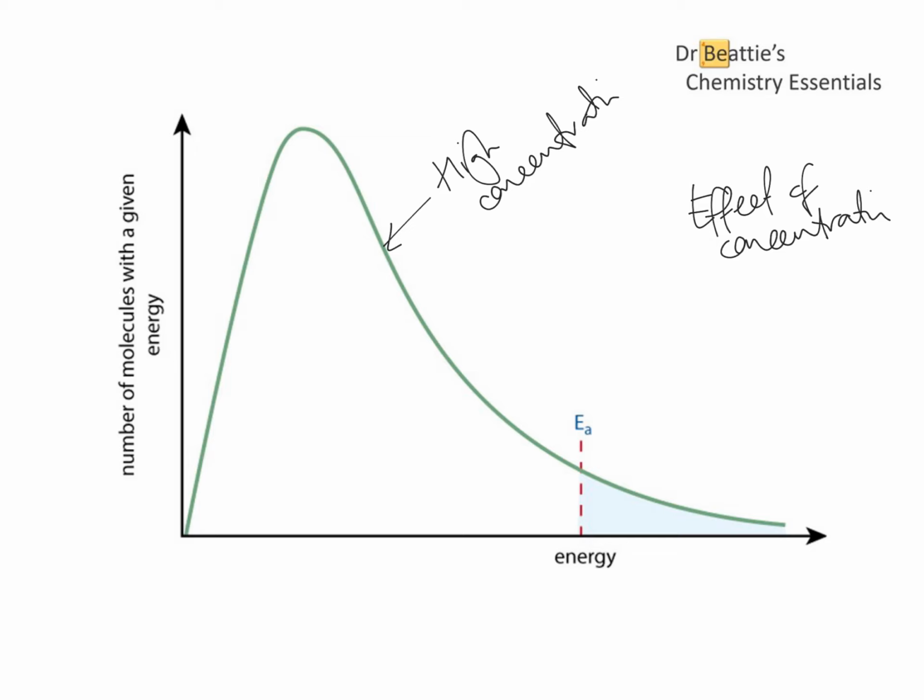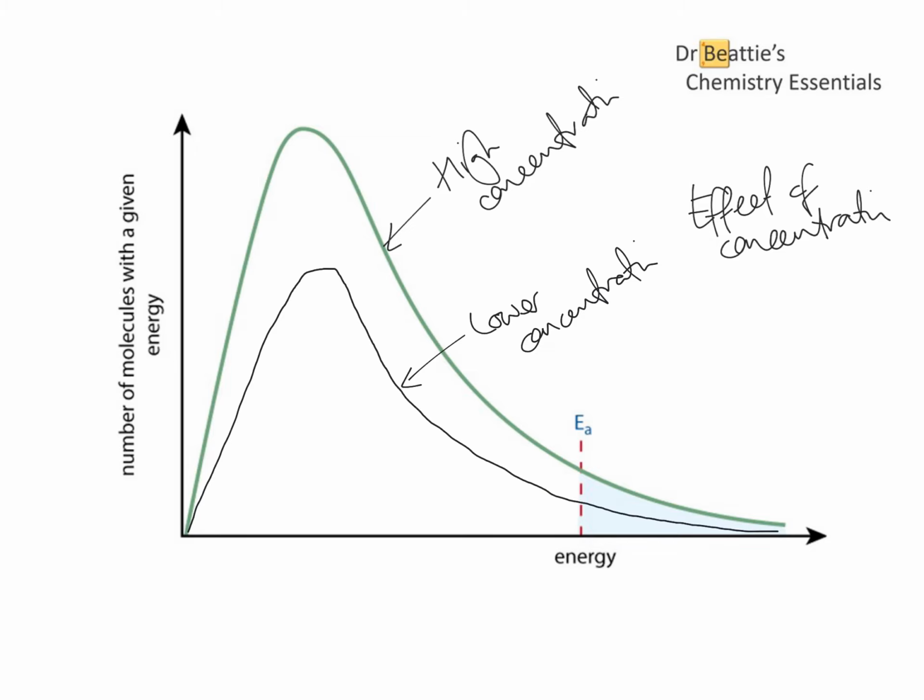So, if your curve looks like this, then you've got the right answer. You'll notice the shape of the curve, forgive my drawing, is exactly the same. But we've reduced the area under the curve by roughly half.